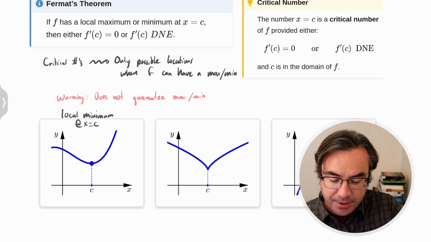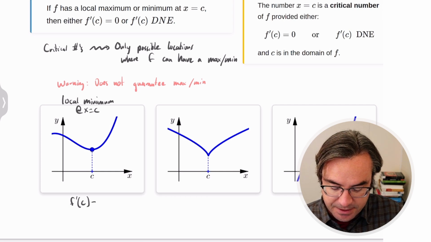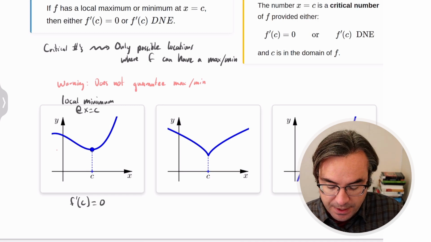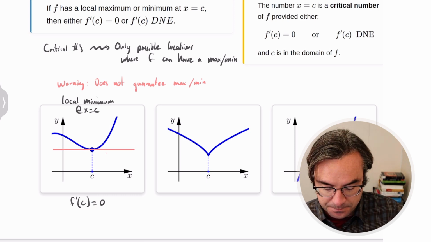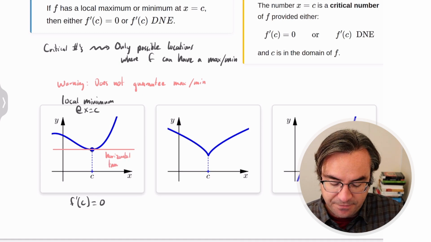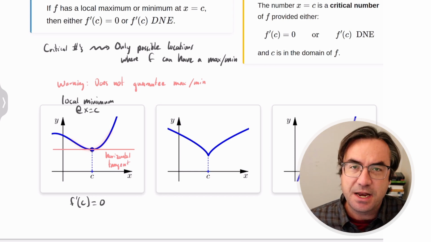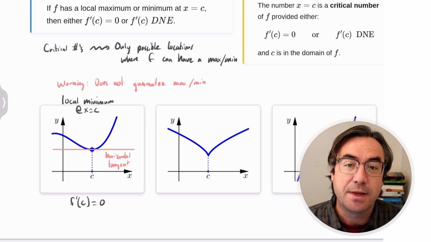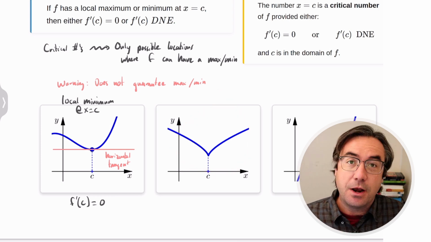And in this case, the derivative at c is equal to 0. So when the derivative is 0, that means we have a horizontal tangent line. Graphically, what that looks like is a nice, smooth, rounded curve at our minimum.